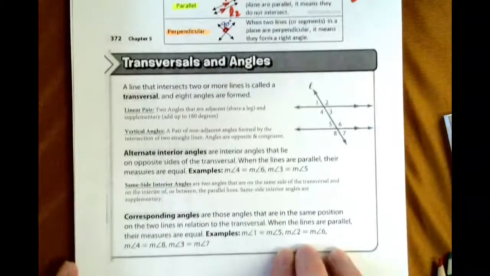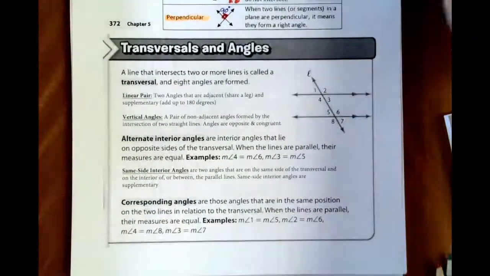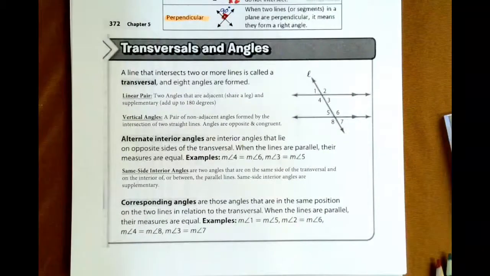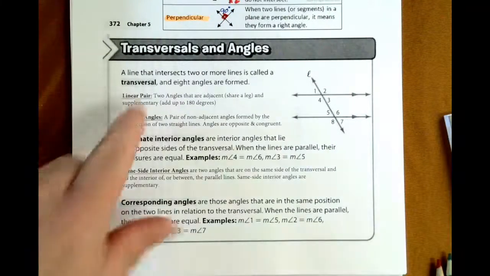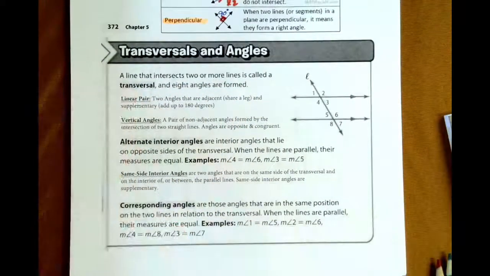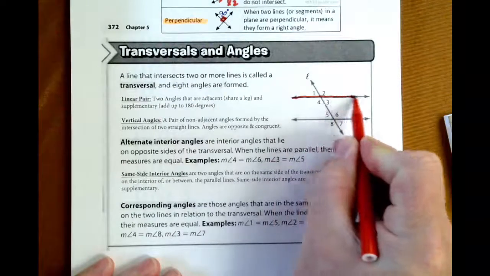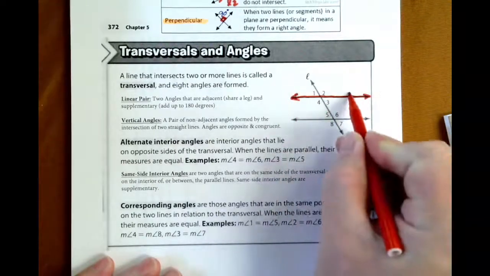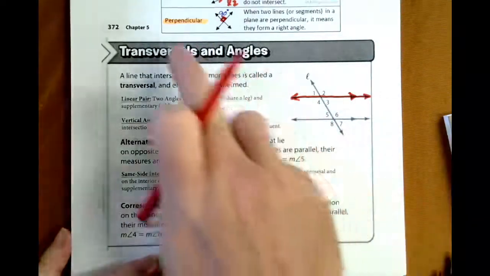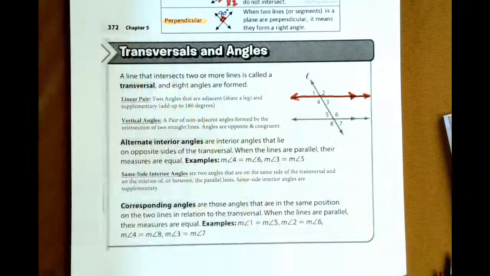So let's take a look at our vocabulary here. We have some big vocabulary in this unit. We have a line that intersects two or more lines. It's called the transversal. So we just looked at that. This is wrong. Let's make this in red. If you want to change this in your book, it's on page 372.